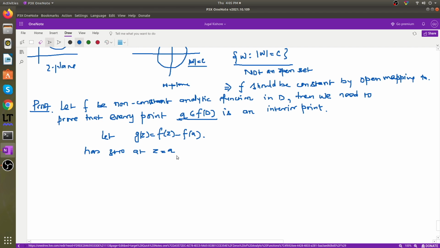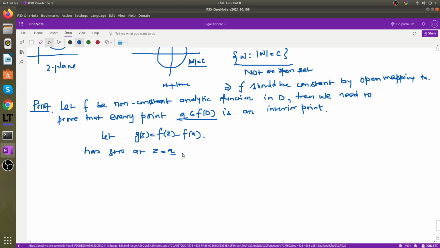Also we know that the zeros are isolated. We already proved that the zeros are isolated. So the zero z is equal to a should be isolated. If it is an isolated zero, it means the neighborhood of a will not have any other zero of g.